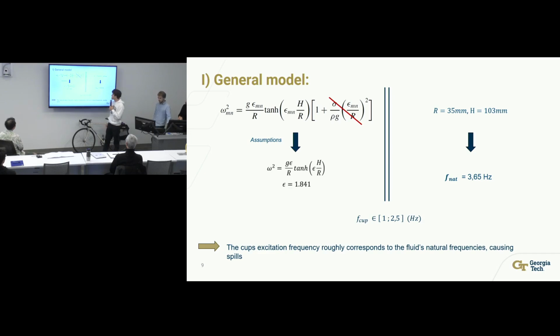Because the problem is cylindrical, we have some Bessel functions that appear, and they solve it using this value, which gives us a natural frequency of 3.6 Hertz, which is close to the natural frequency of the cup, close enough to have the effect of an amplified response, even if we are not at the natural frequency.